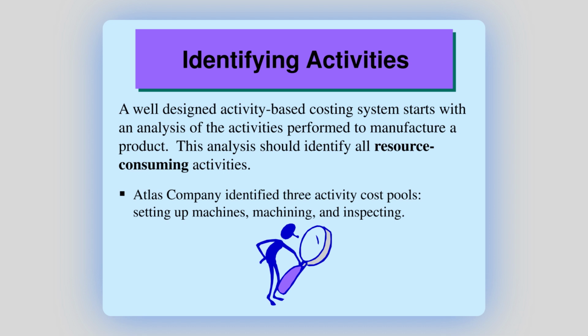For example, the activity cost pools are machine setup, machining, and also inspecting. Again, machine setup, machining, and inspection.